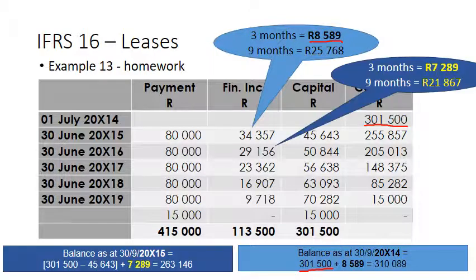The balance as at 30 September 2015 will now consist of the starting balance of 301,500 less the capital component of the first lease payment that has already been received. So that gives us then the outstanding balance of 255,857 as at 30 June 2015. However, we want the balance at 30 September, so we still then have to go and add the 3 months interest that has accrued up until 30 September.